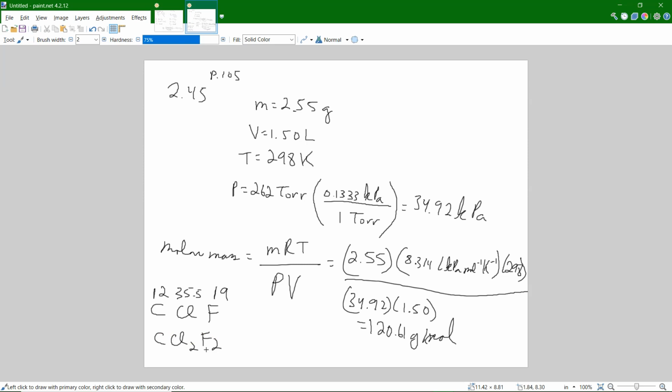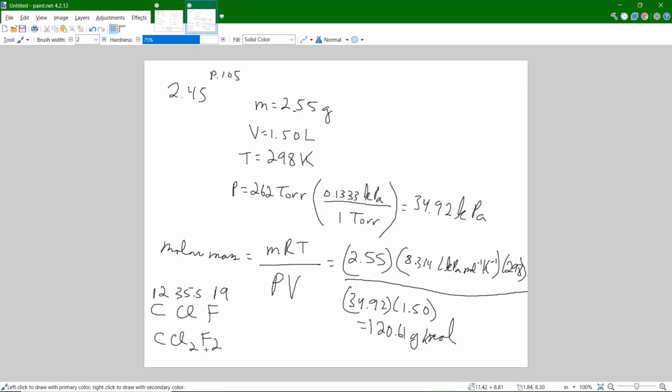Now, are the problem answers at the end of the chapter? No, they're at the end of the book. Okay, so let's double check 2.45. This is also called an ILW, which means interactive learning workshop or something like that, which means you can do it in your widely expressed 121 grams per mole CF2Cl2.